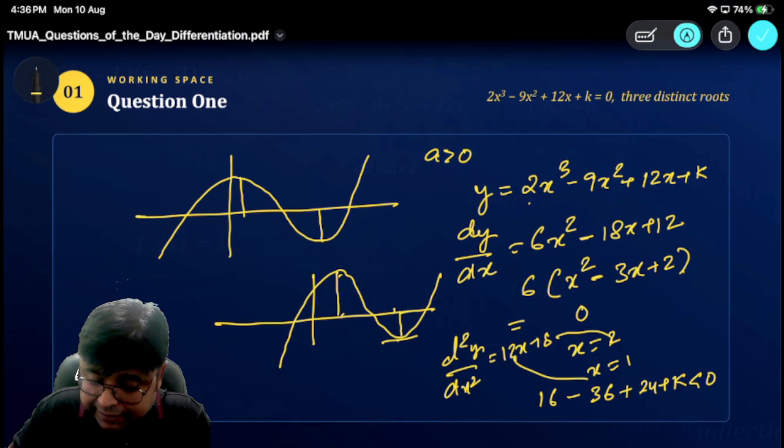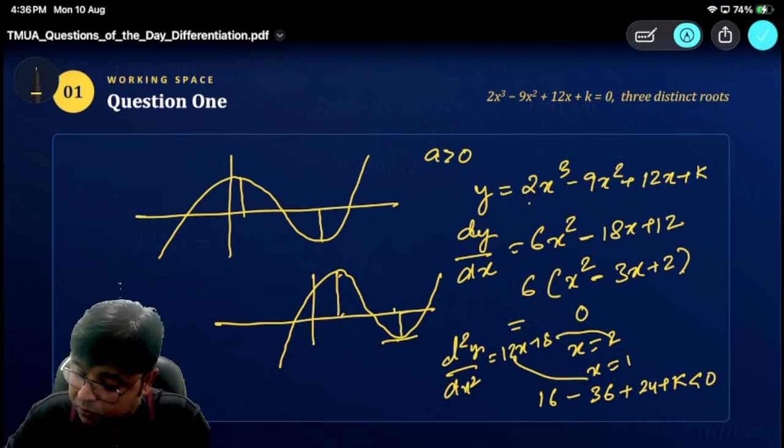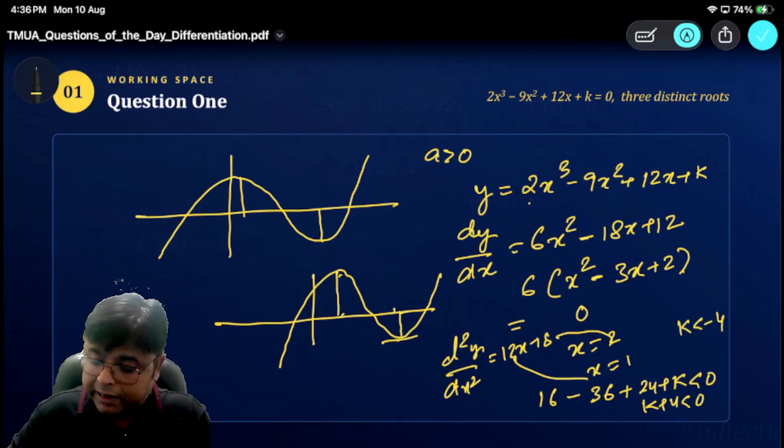It has to cross the x-axis and go back, so it will be a negative value, below the x-axis. So this gives me 16 minus 36 plus 24, that is minus 20 plus 24, which is 4, so k plus 4 is less than 0. So k is less than minus 4. And at 1, the value has to be positive.